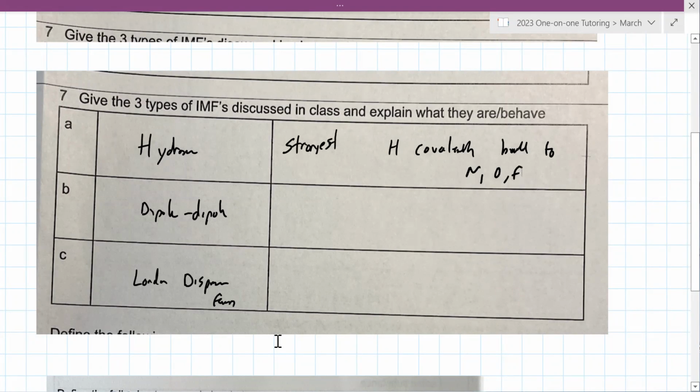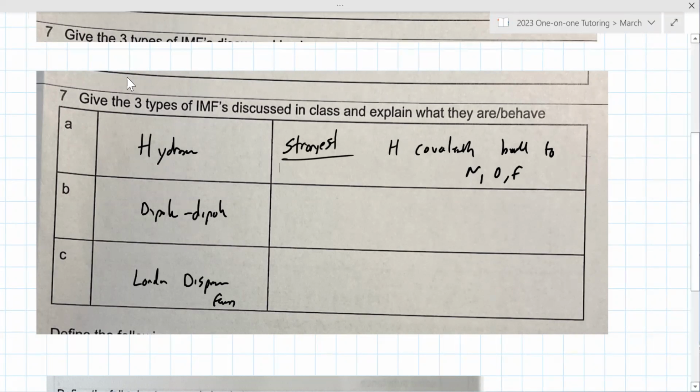This is not a complete explanation, but the strongest is kind of a keyword there. Dipole: the big one here is polar molecules, an uneven sharing of electrons.